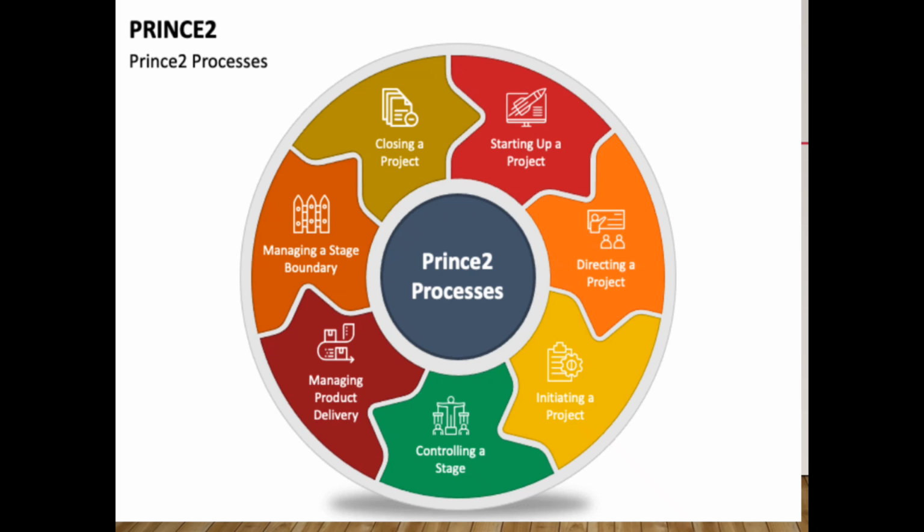Then you're going to have a project manager who will be at the site following daily activities which are happening. Then there will be departmental leaders. Those ones, they will be focusing on their various departments. But all the decisions will be coming from the top, from the board of directors. So that is how Prince 2 works.